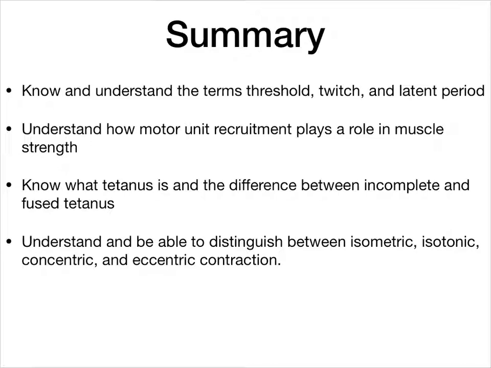You need to know what a tetanus is and the difference between incomplete and fused tetanus. And you should be able to understand and distinguish the terms isometric contraction, isotonic contraction, and for isotonic contraction, concentric versus eccentric isotonic contraction.